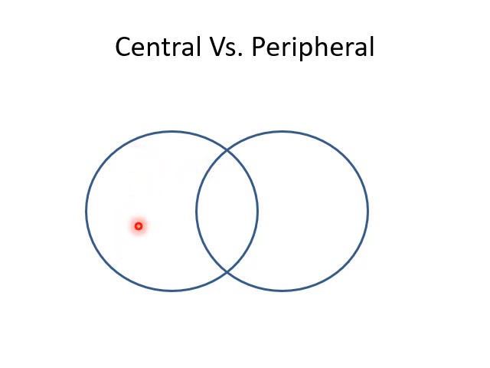So over here are things that only happen in the central nervous system, and over here are things that only happen in the peripheral nervous system. But there are some commonalities that we've discussed between the two. So how are the central nervous system and the peripheral nervous system the same, and how is each different? Give that some thought, and it will be part of your study guide.